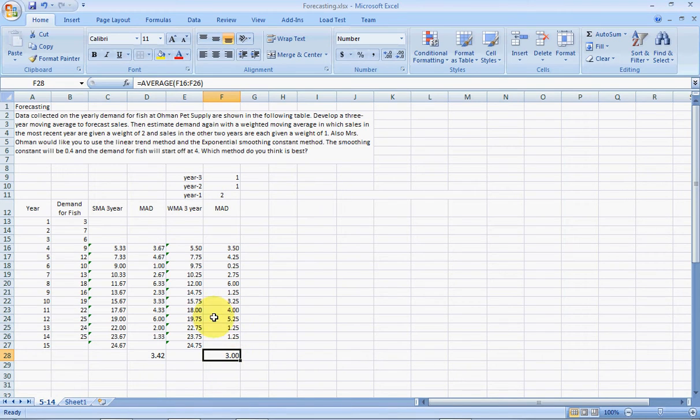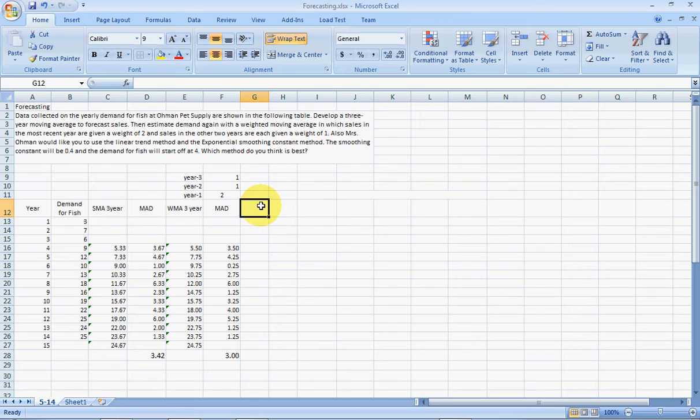So this one, the weighted moving average, is actually a better predictor of what the demand will be than the simple moving average, because the mean average distribution is lower, so there's a lower difference between the actual and predicted. So let's move on to the smoothing constant.